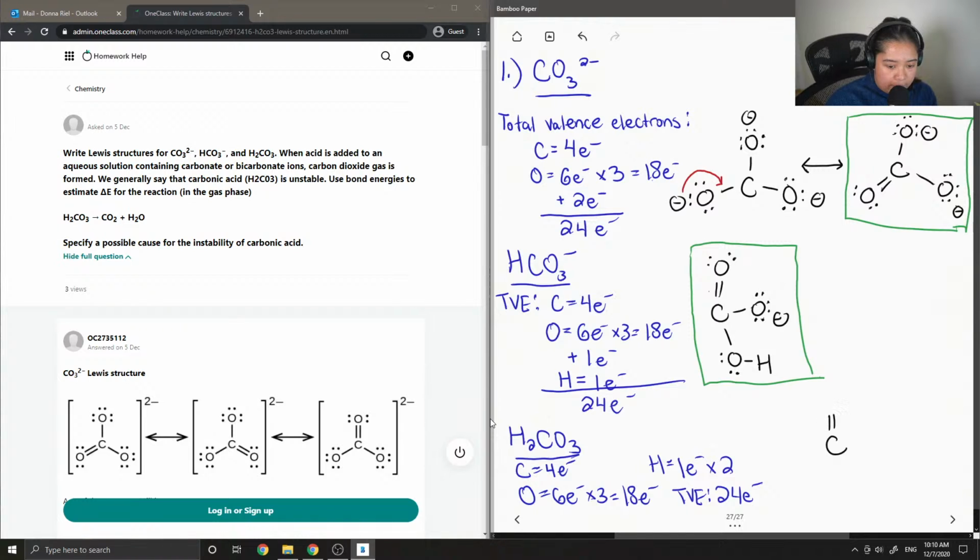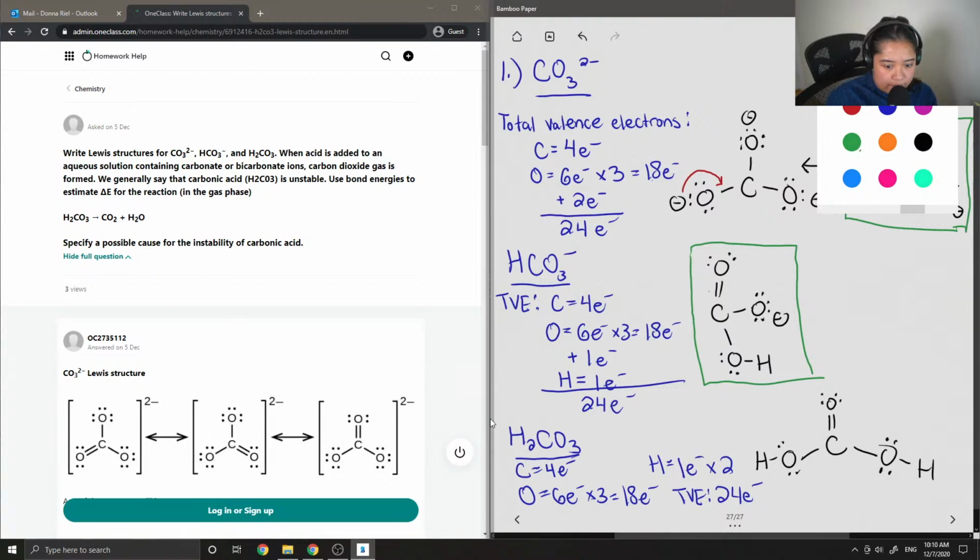There will be a double bonded oxygen to the carbon, and it is single bonded to 2 oxygens. And then each of those oxygens has a hydrogen attached. Now I'll just draw all of the lone pairs that are missing, and this is our final Lewis structure.